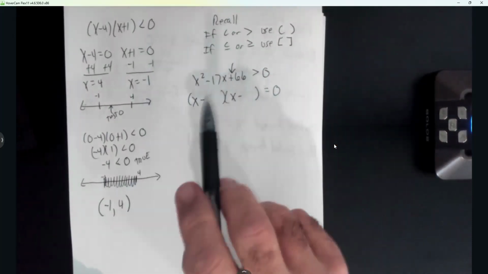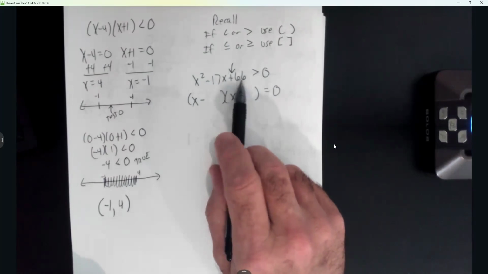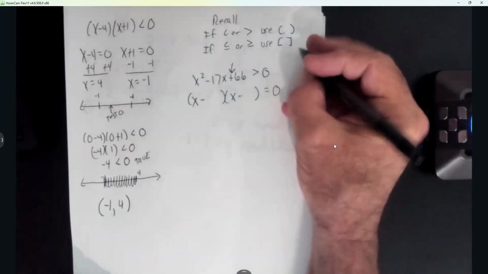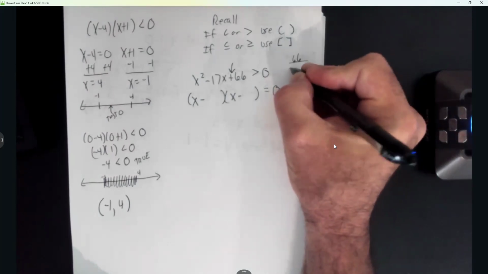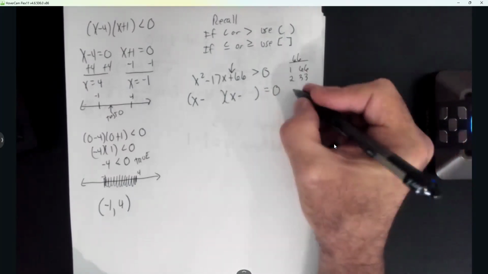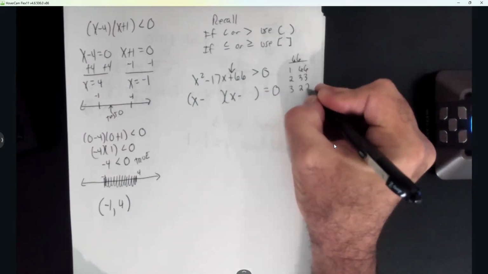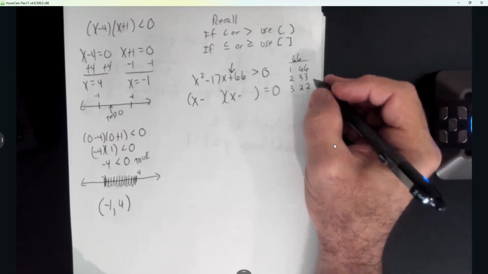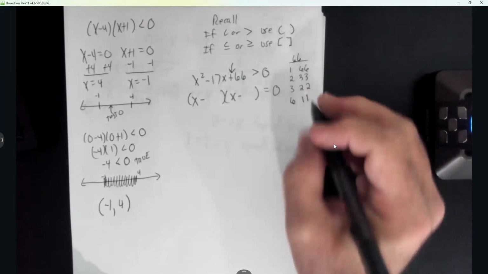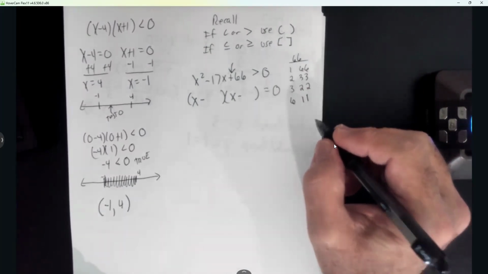And what I'm looking for on this one are factors of 66 that'll add and get 17. So break down 66. 3 and 22, 4 don't work, 5 don't work, 6 and 11, 7, 8, that's all.